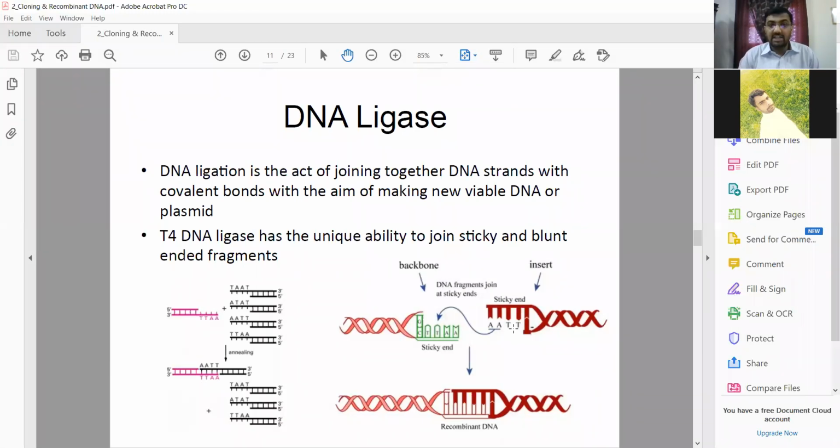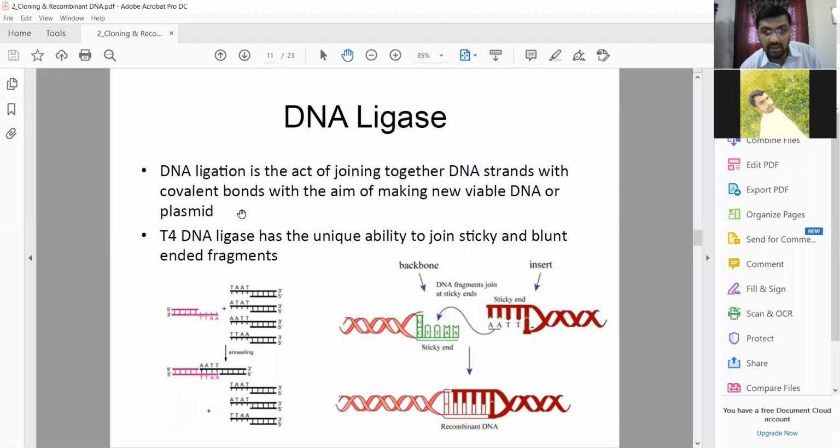DNA ligation is actually the act of joining together DNA strands with covalent bonds with the aim of making new viable DNA or plasmids. So basically we have a T4 DNA ligase which has the unique ability to join sticky and blunt ended fragments.